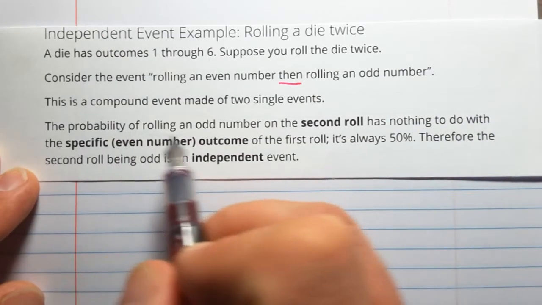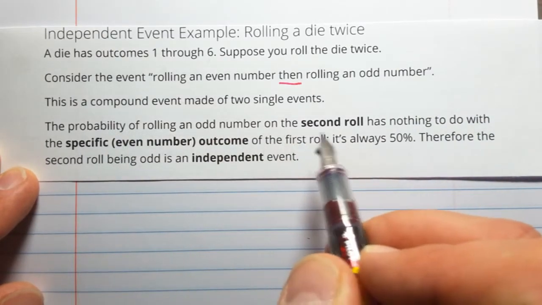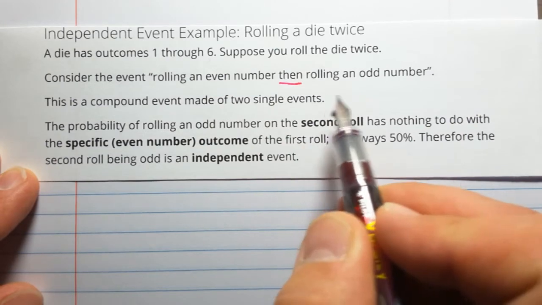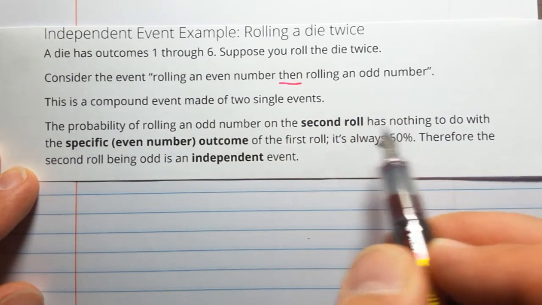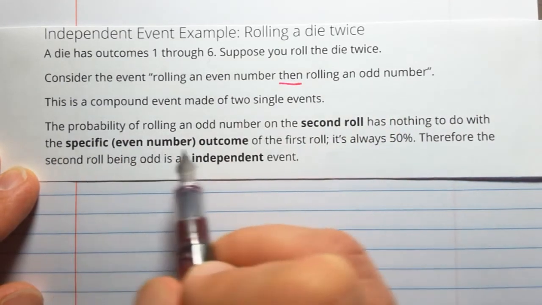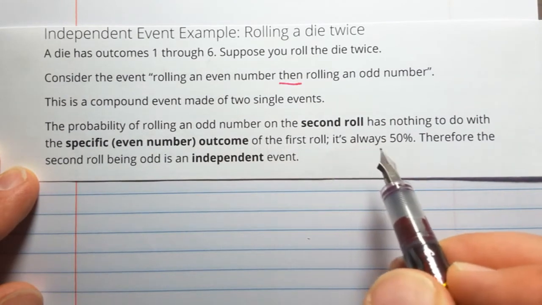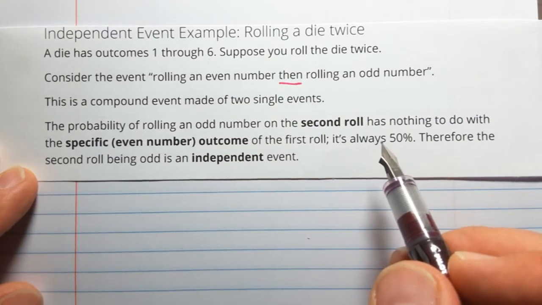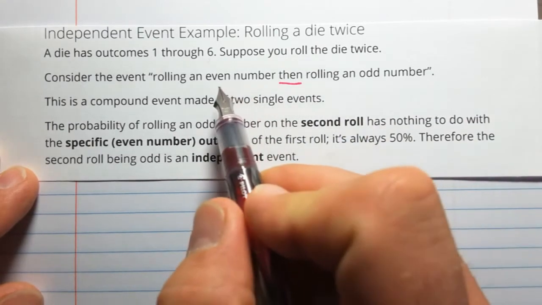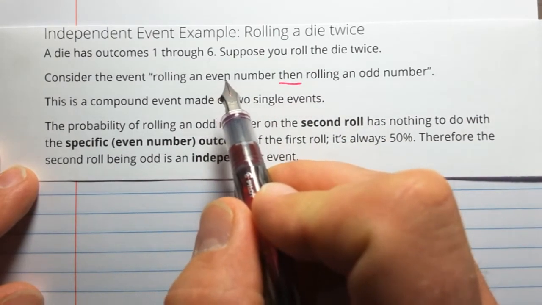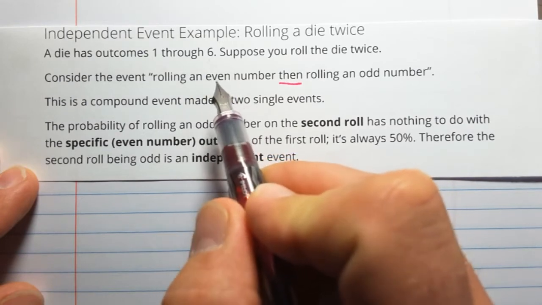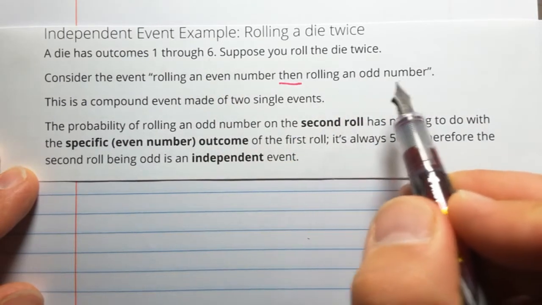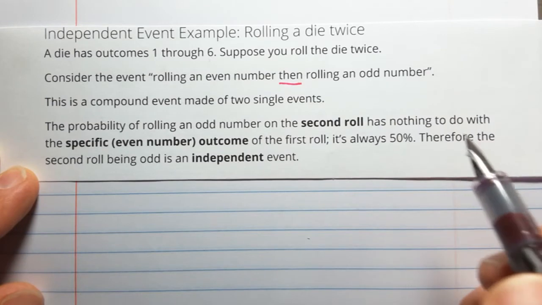So the probability of rolling an odd number on the second roll, that's the second part of our compound event, has nothing to do with the specific even number from the first roll. It's always a 50% chance, 3 out of 6, of rolling an odd number. It doesn't matter whether you rolled a 2 or a 4 or a 6; regardless of which even number was rolled first, you can calculate the probability of rolling an odd number second.